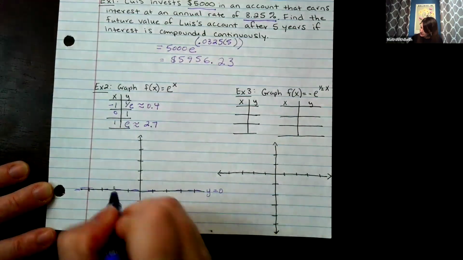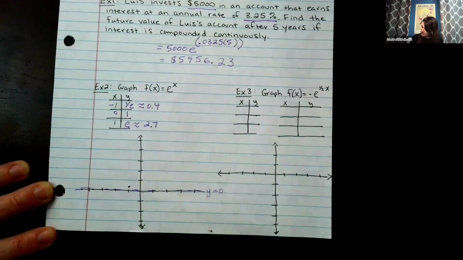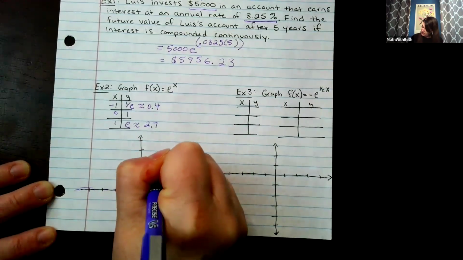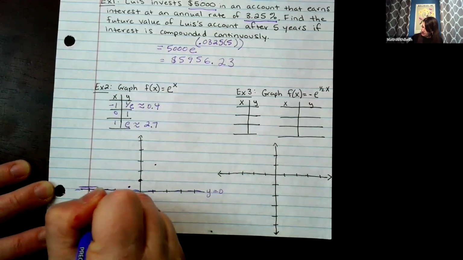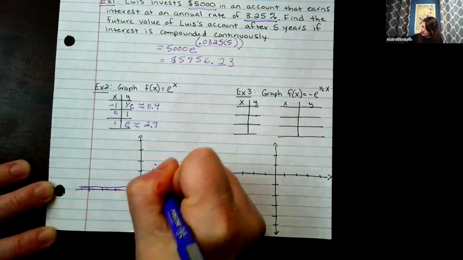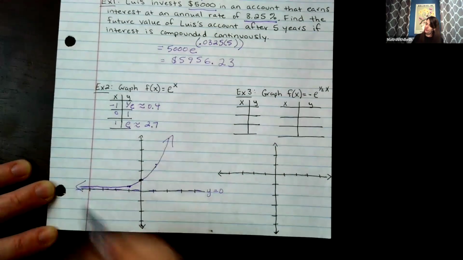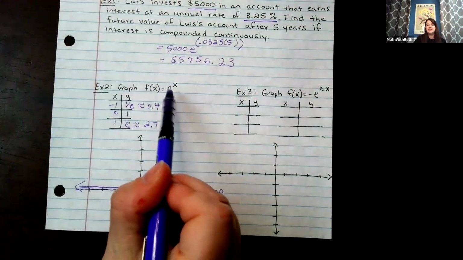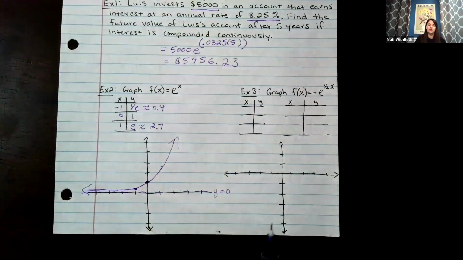So if we plotted these at -1, I'm at 0.4. At 0, I'm at 1. And at 1, I'm at 2.7. So that's about here. So this is a growth. It is always going to be a growth if your base number is larger than 1, which E is.